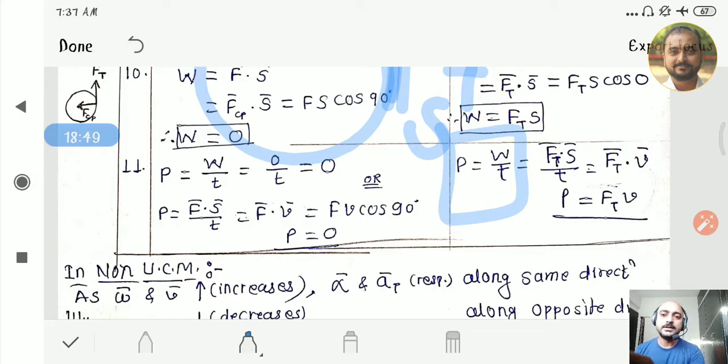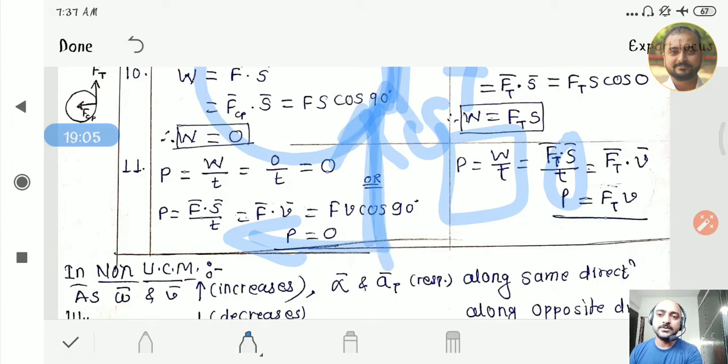Displacement by time is your velocity, and so the product of both, because here the tangential force and the velocity are along the same direction, the scalar product becomes Ft into V.